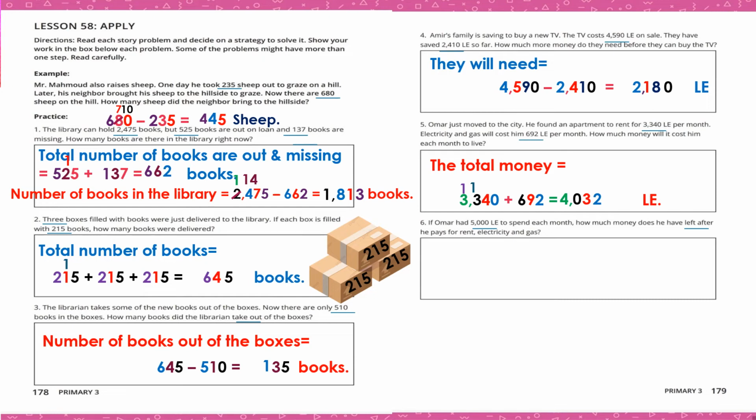In number 5, we calculated the total money of rent, electricity and gas, which equals 4,032. He had £5,000. How much money does he have left?